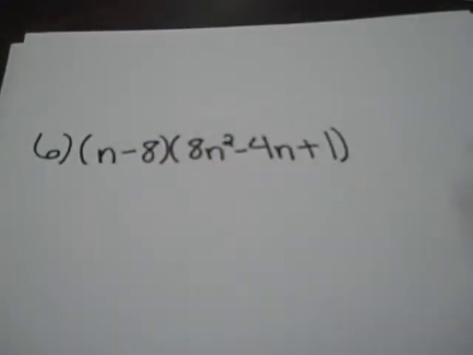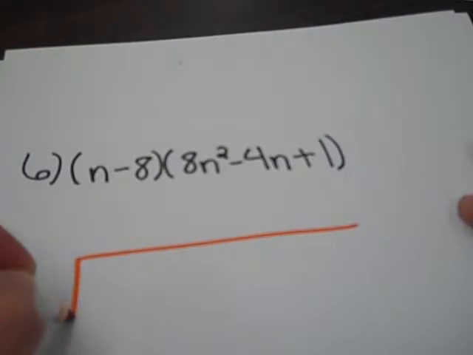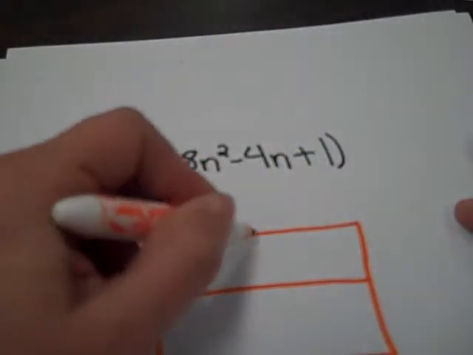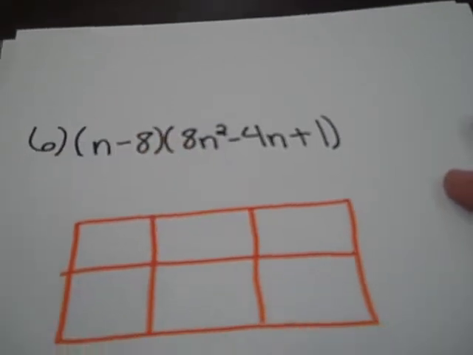Alright, number 6 is a binomial times a trinomial. 2 terms times 3 terms is 6, so we need 6 boxes. Okay.